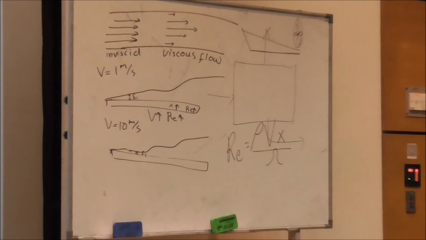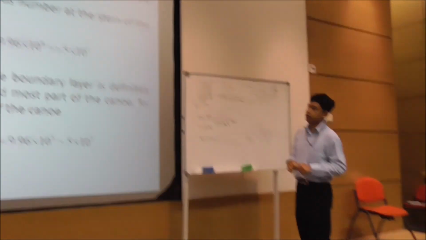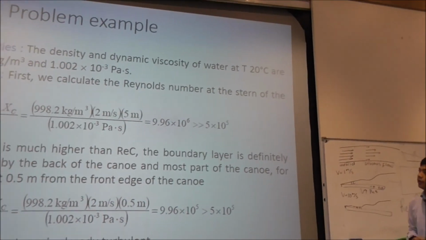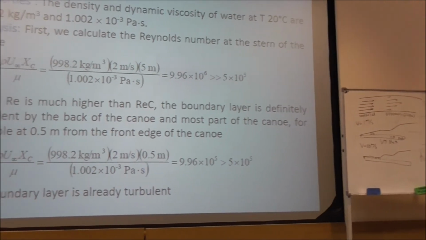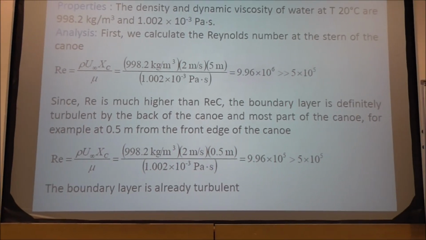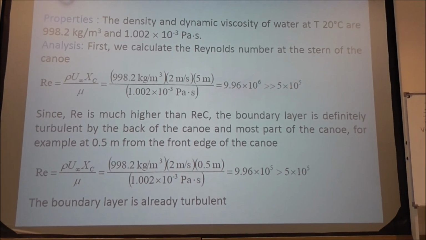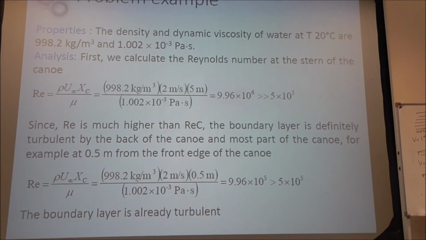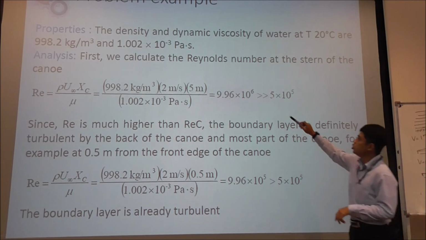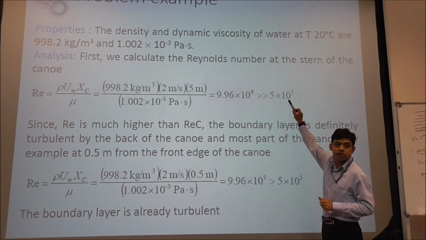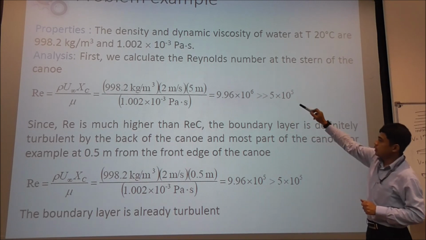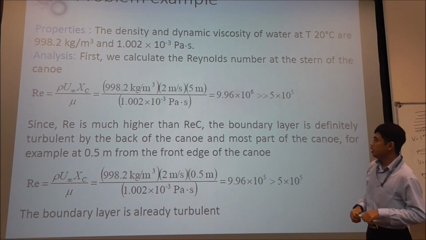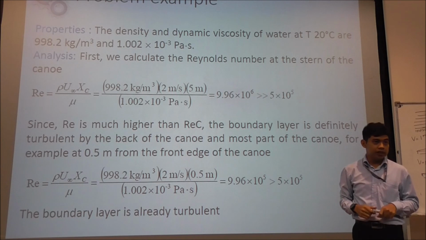Then you can calculate the Reynolds number. In this case, the Reynolds number is 9.96 times 10 to the power of 6, which means 9 million. 9 million is very huge as compared to 500,000. So you can treat the flow as turbulent.